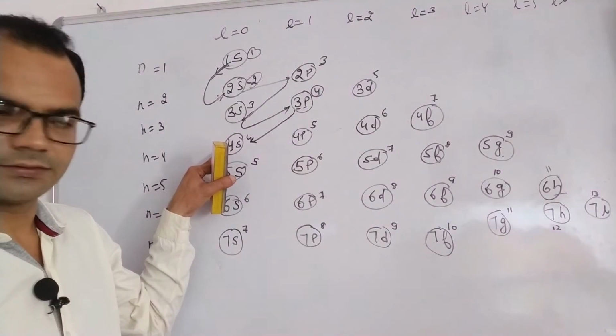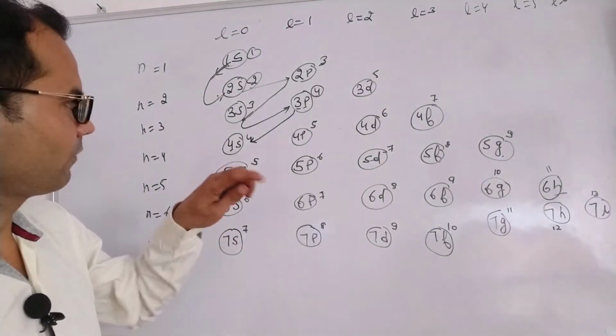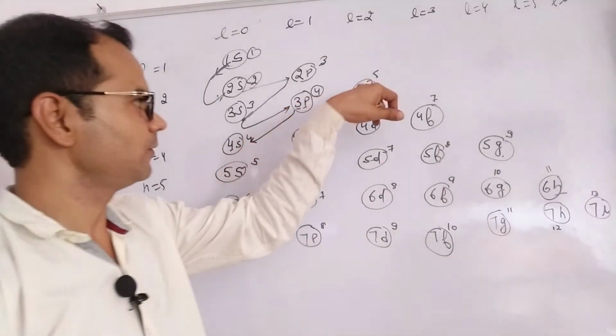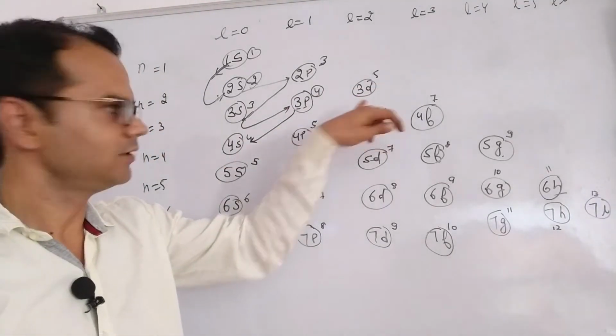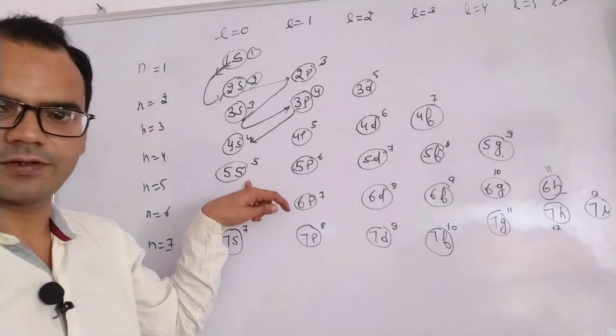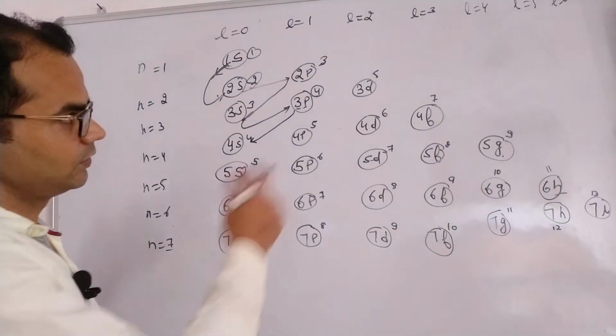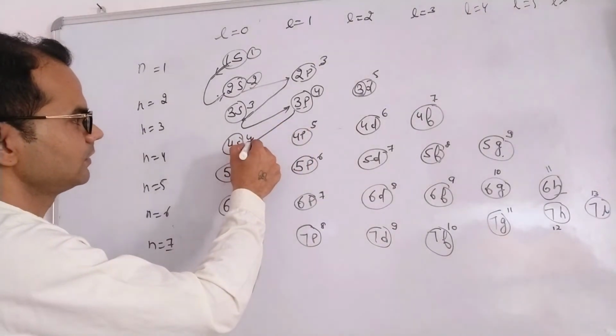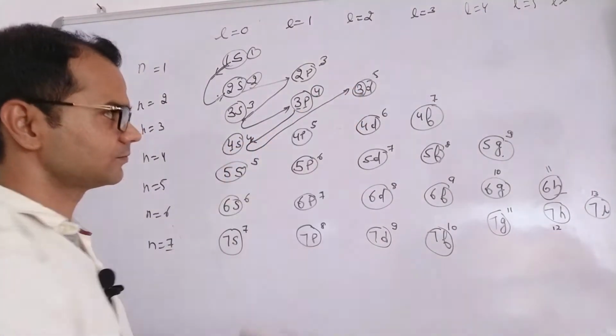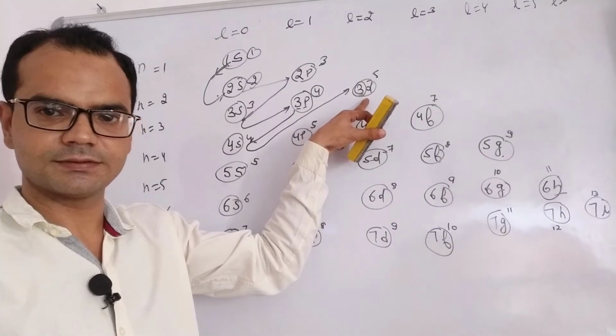From 3p electron will enter in 4s. Now for value 5 we have 3 orbitals: 3d, 4p and 5s. So the least value of n is 3. So after filling 4s orbital, electron will enter in 3d orbitals.